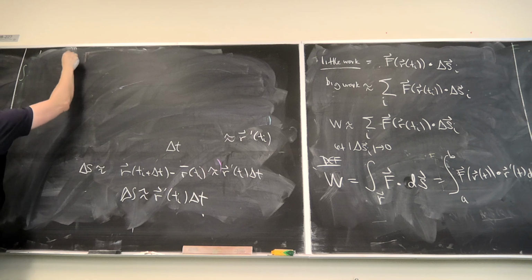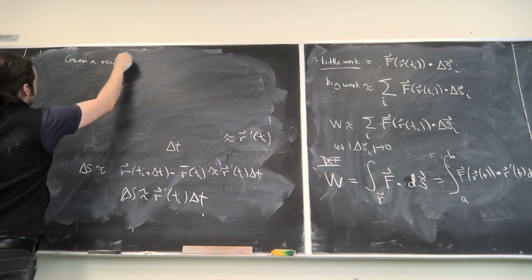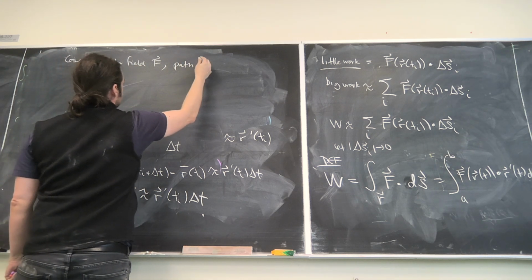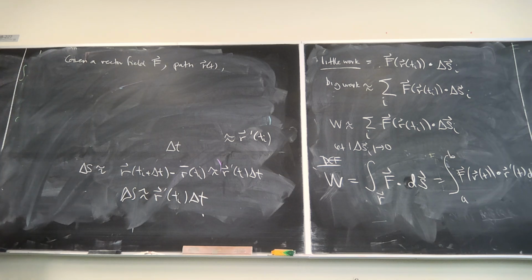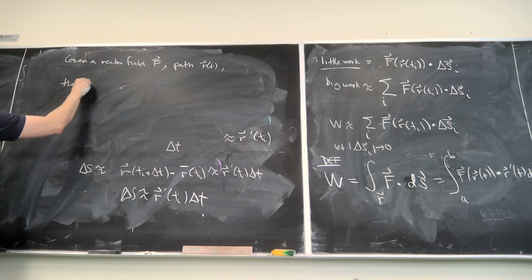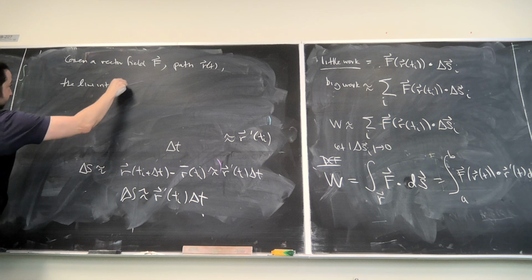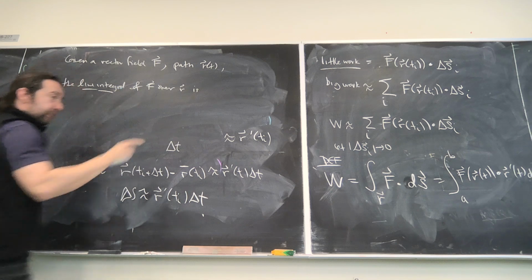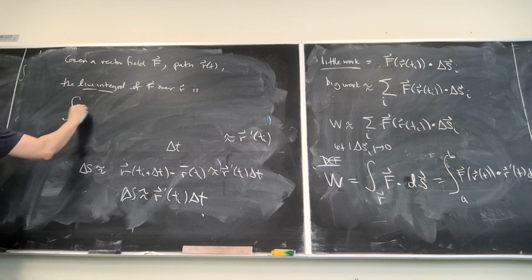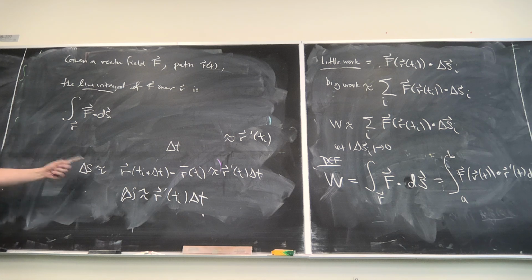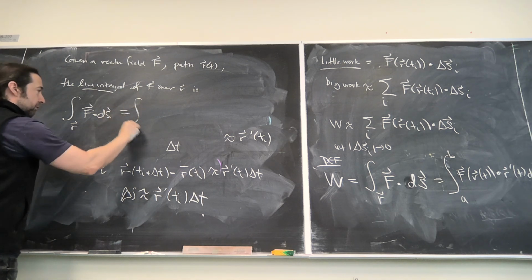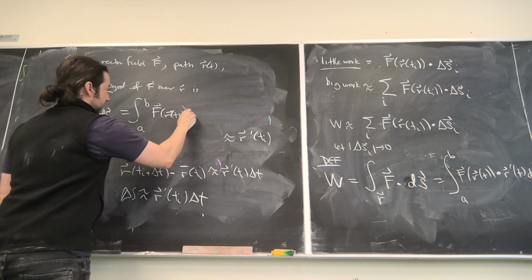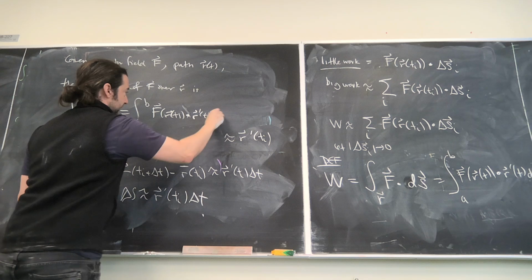Given a vector field F and a path r of t, the line integral of F over r is defined to be the integral over r of F dot vector ds, and the computational formula for it is the integral from a to b of F of r of t dotted with r prime of t dt.